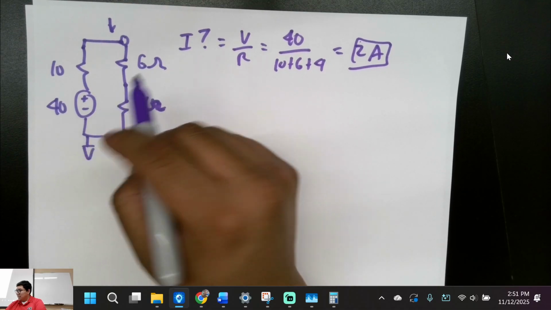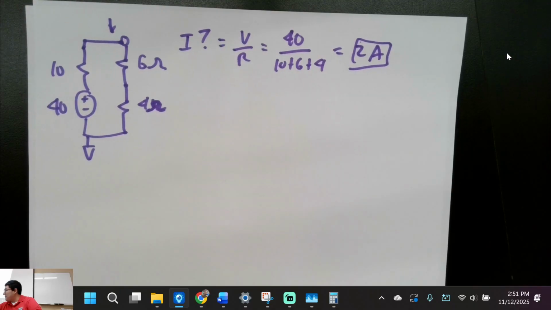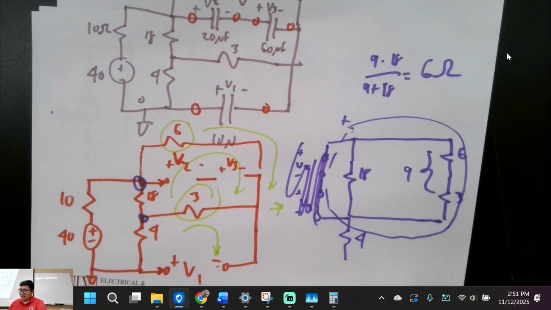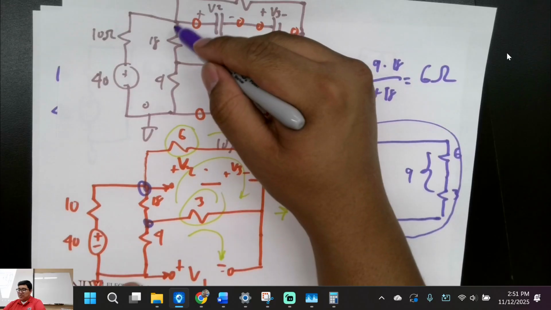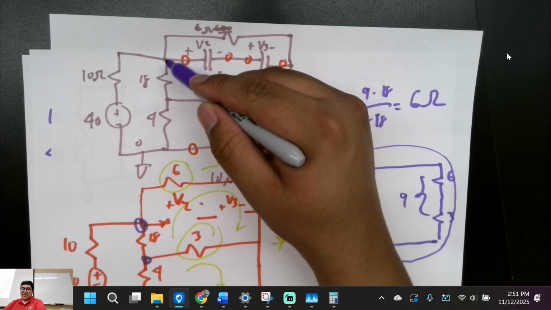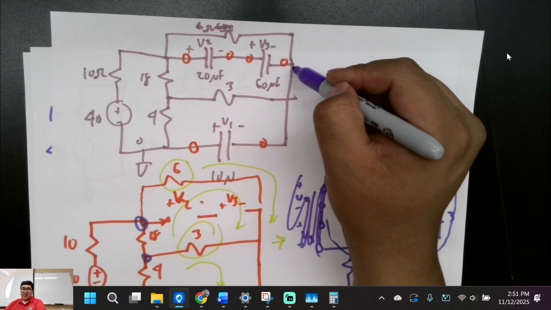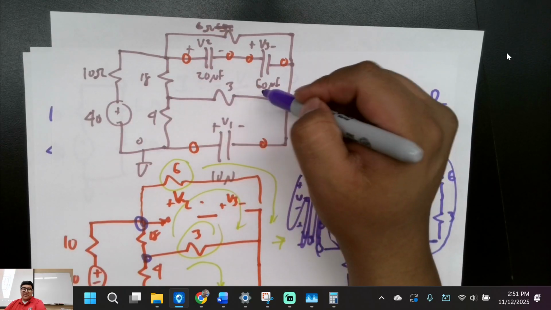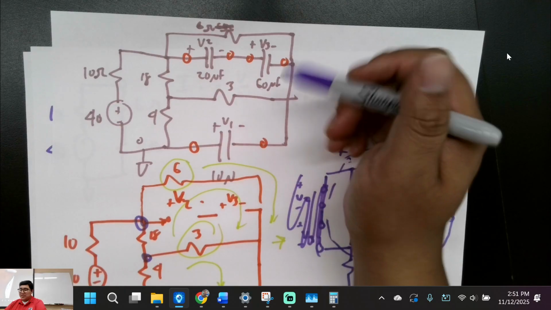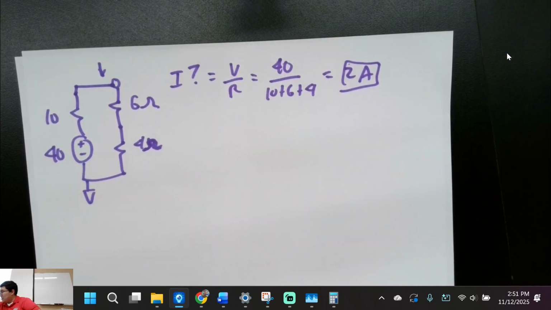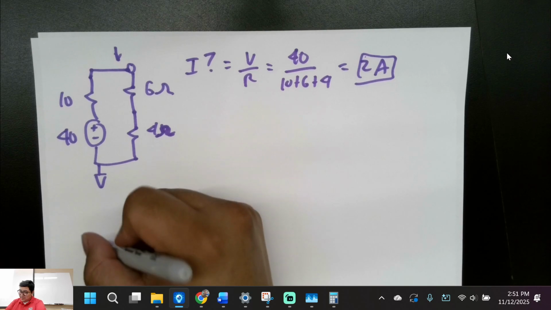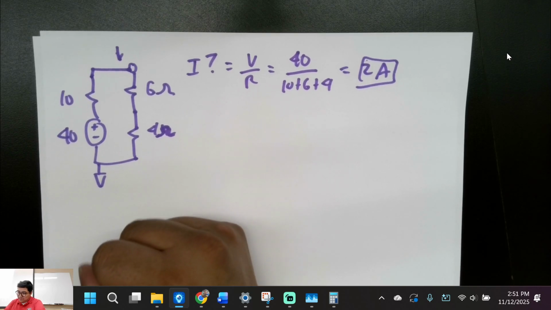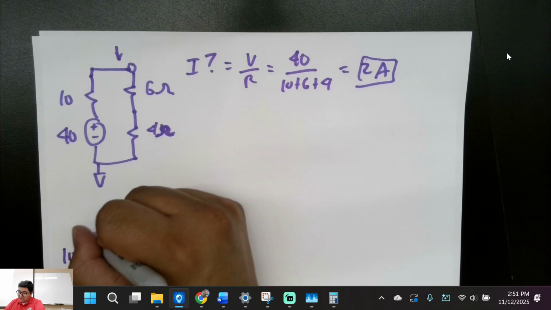So now the next thing is, well, let's just see. I want to know what this voltage over here is, because then I can get this other voltage right here and this other guy. We'll see what we can do. Let's redraw this. I'm not liking this. Plus, minus, 10.